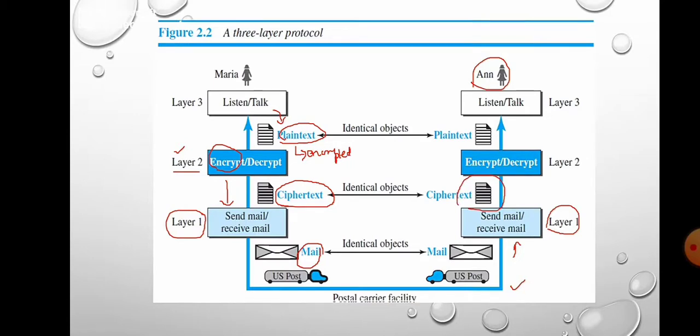So the ciphertext will be extracted from the mail and transmitted to layer 2. Now the layer 2 machine receives the ciphertext from the layer 1 machine. Here across layer 2, the ciphertext will be decrypted back to get our original information. So finally, Anne can listen to the information sent from Maria, but it is not direct.